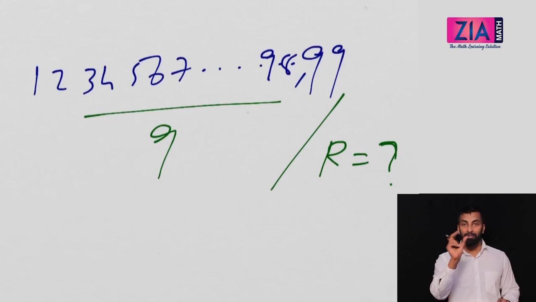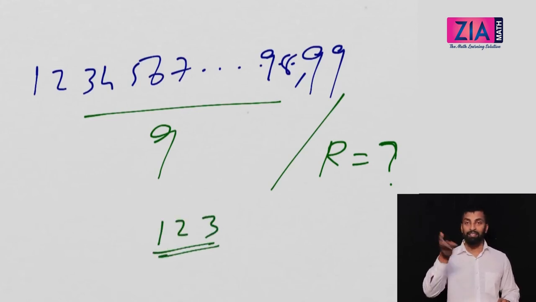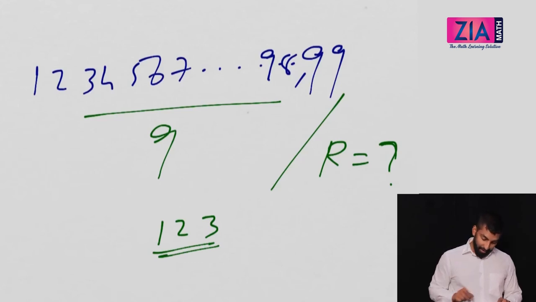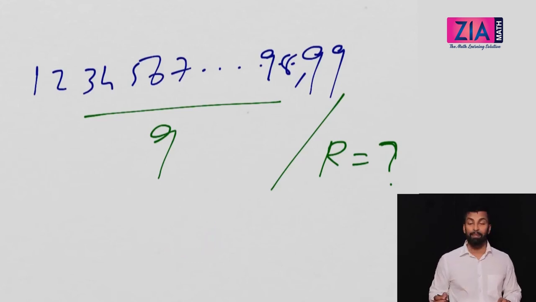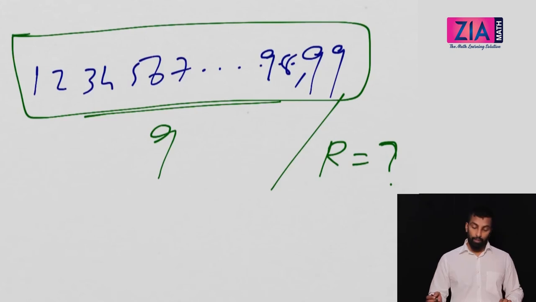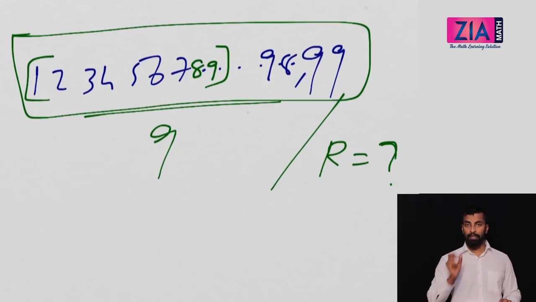Now you cannot find the sum of digits manually, right? It's not like 1, 2, 3. If it is 1, 2, 3, you can add 6 divided by 9, you can get it. But if I ask you what is the remainder in this case, you need to find the sum here, right? So how will you find? What you can do is you will take 1 digit at a time up to 9. So 1, 2, 3, 4, 5, 6, 7, 8, 9. You can do it as sigma n.